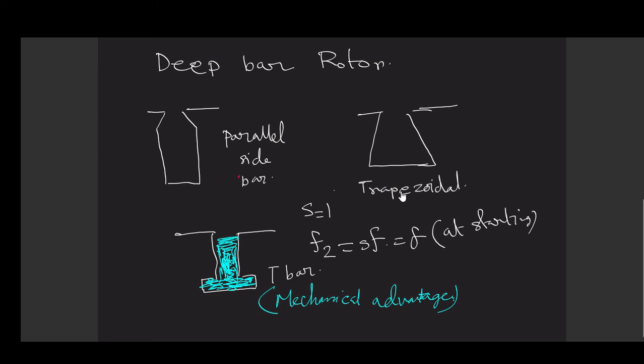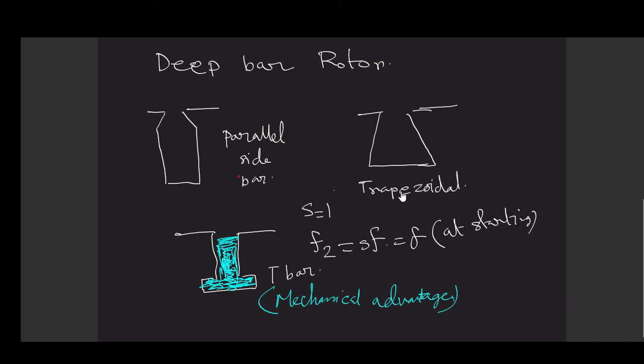Anyway, let us go to this one, when we are dealing with F2 is equal to SF. At starting the rotor frequency is equal to the supply frequency, and the bottom part of the bar offers more impedance to the current than the top part. Why?